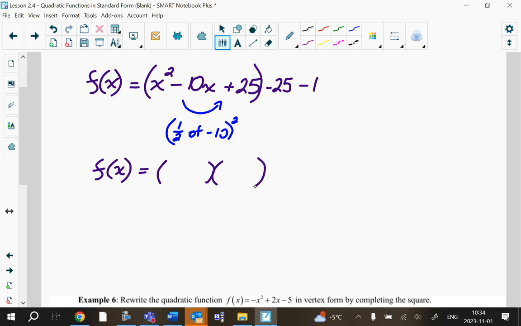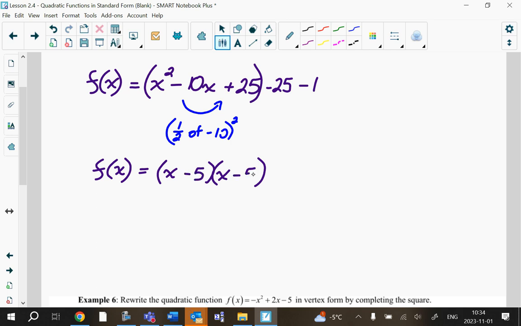So what do we get? Well, we need negative 5 and a positive 5. Really? Don't they have to be identical? So two numbers that add to negative 10 and multiply to positive 25: negative 5 and negative 5.